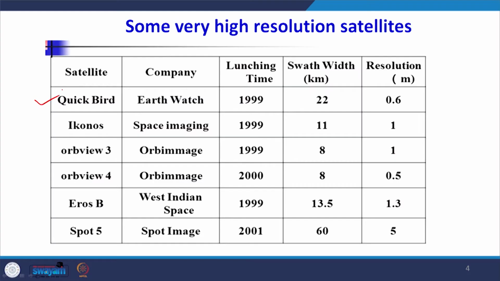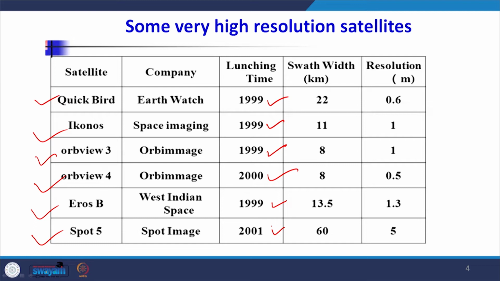QuickBird was launched in 1999, IKONOS again in 1999, OrbView in 1999, OrbView 4 for example in 2000, and SPOT 5 in 2001. It is not a complete list, just an exemplary list. Data became available to us from these satellites at very high resolution from 1999 onwards, and the swath width was comparatively less.